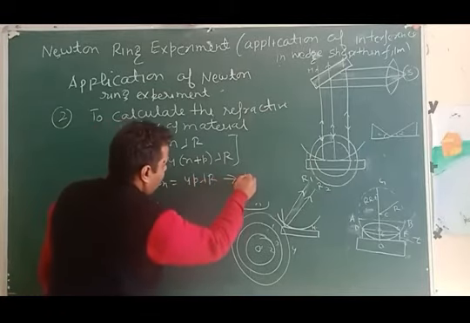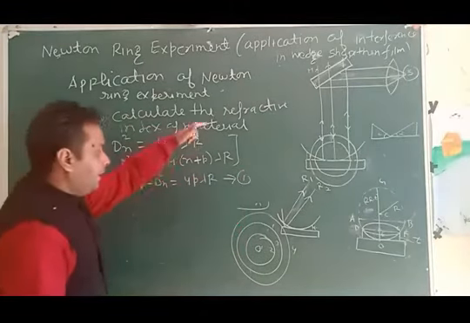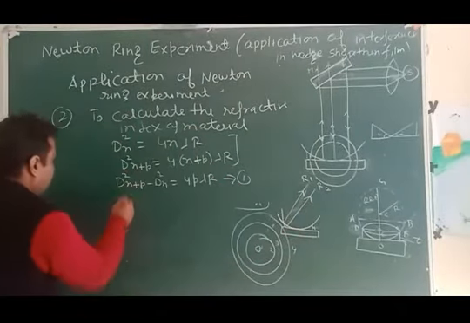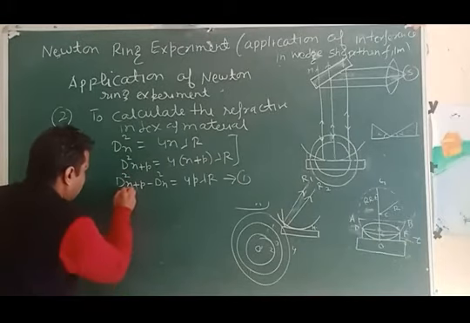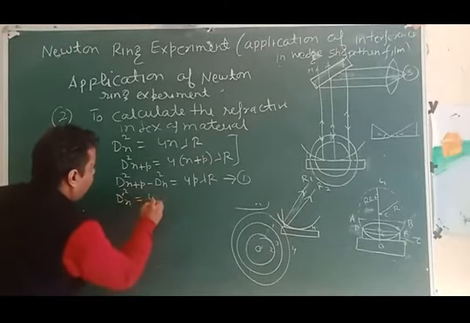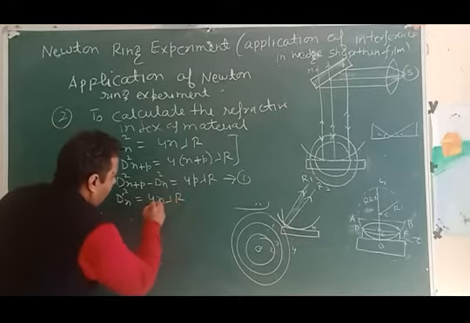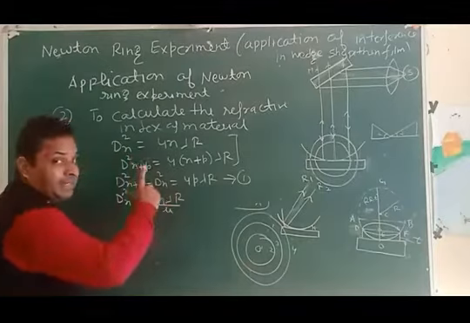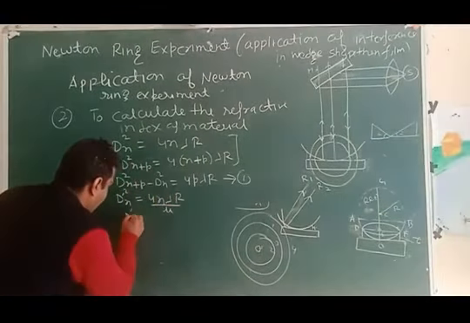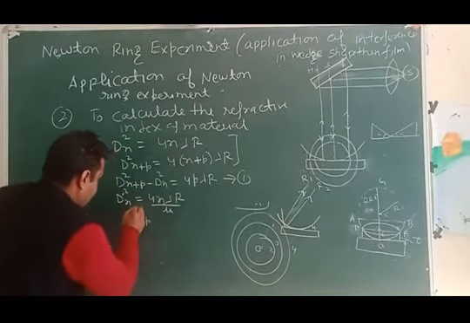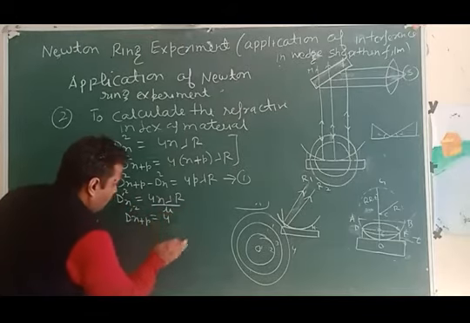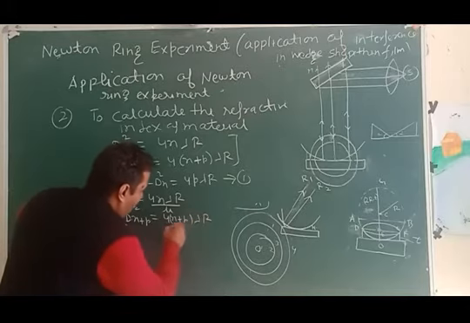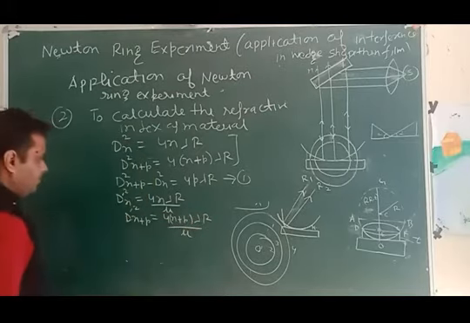This is equation 1. Now when this is immersed in some medium, then the diameter d dash square n is equal to 4 n lambda r upon mu, where mu is the refractive index of the medium. Understand? And d dash square n plus p is equal to 4 n plus p lambda r upon mu. Understand?